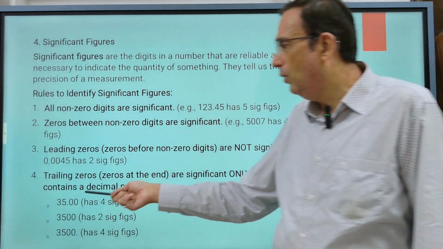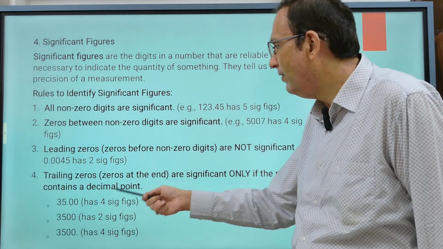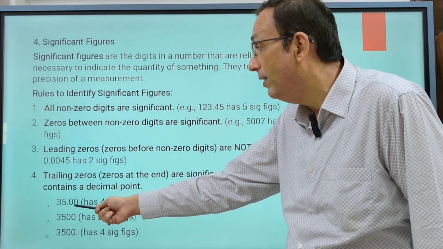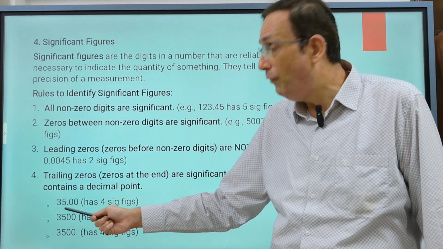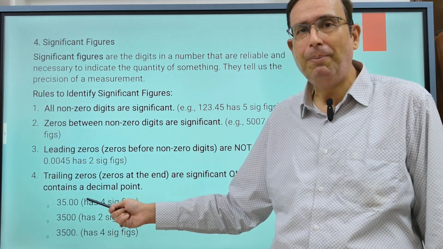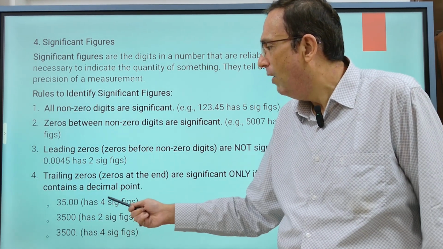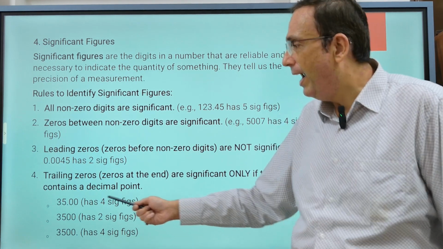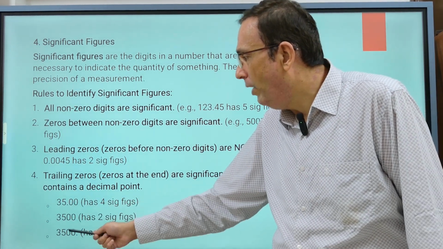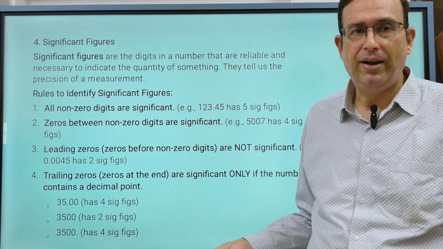Similarly, trailing zeros. For example, if you have 35.00 with a decimal place, then 35.00 has 4 significant figures, and 35 will have only 2 significant figures.